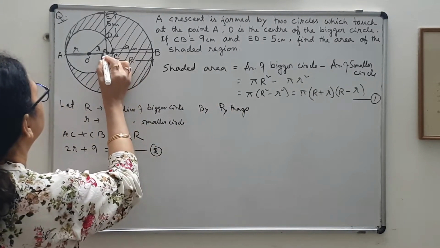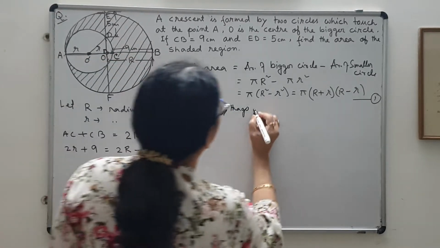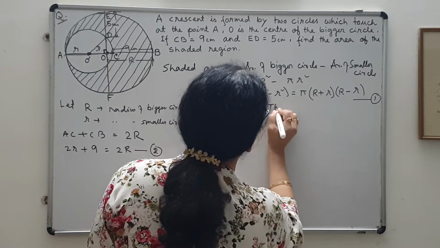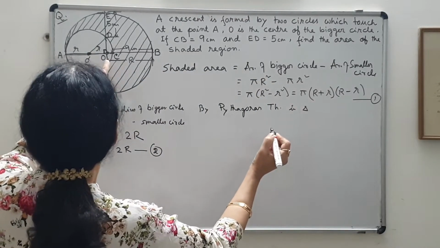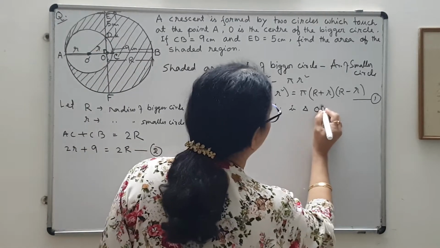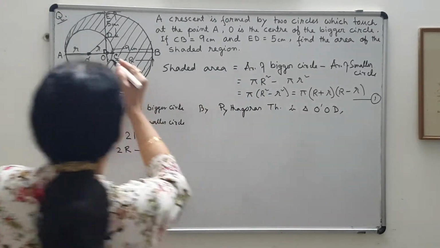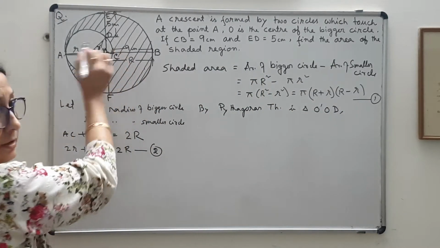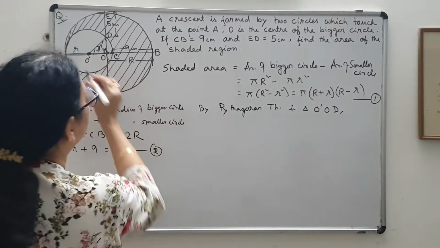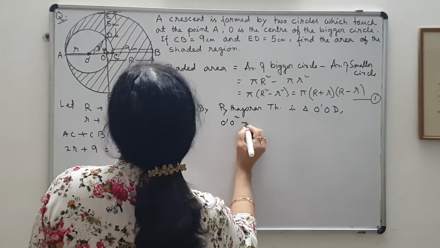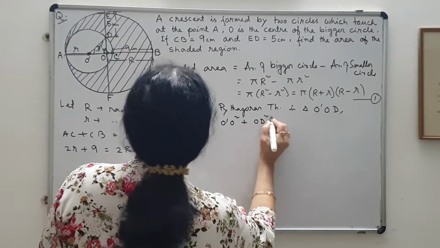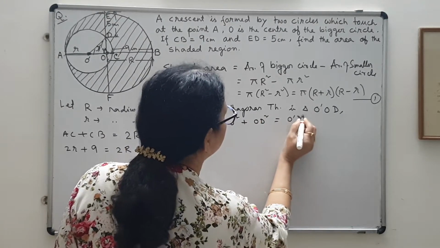I think this is given to me 90 degree, okay. So now Pythagoras theorem in right triangle O dash OD. O dash OD. Is it okay now? I have taken this triangle. Right now? So what that will be your O dash O square plus OD square is equal to O dash D square.